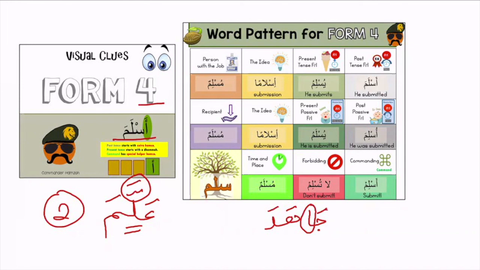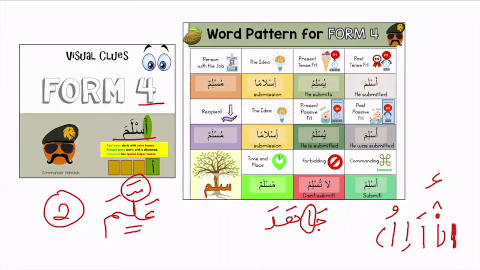As soon as I put sukoon, or fatha, or kasra, or dhamma, it's not alif anymore. It will be called hamza. So we all need to remember that. So jahada, what is the marker? That we have an extra alif.